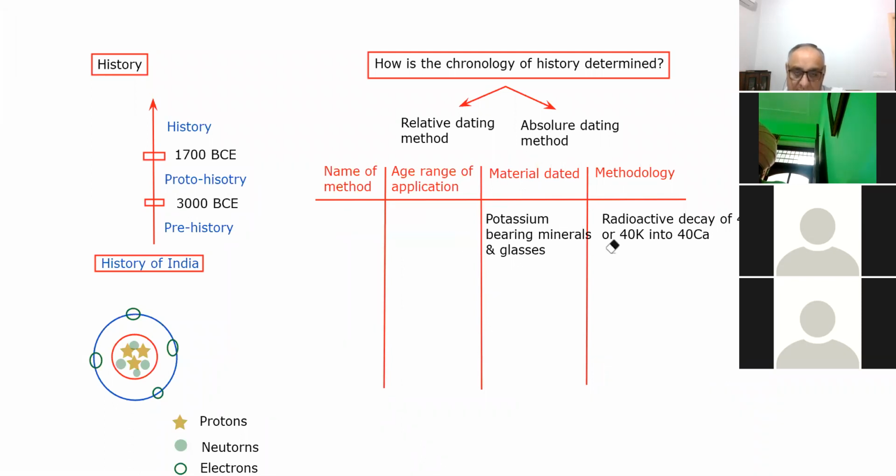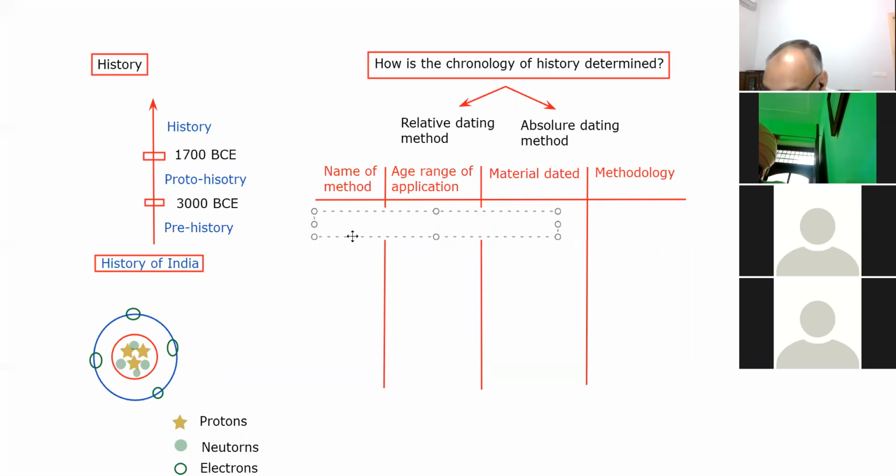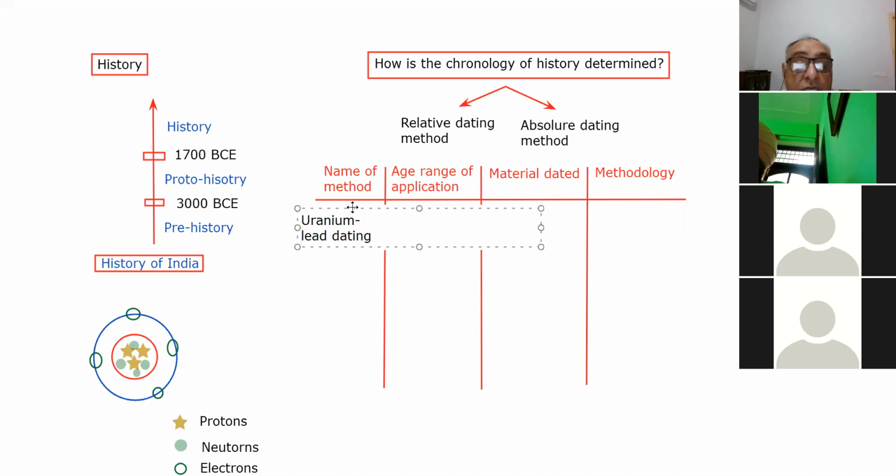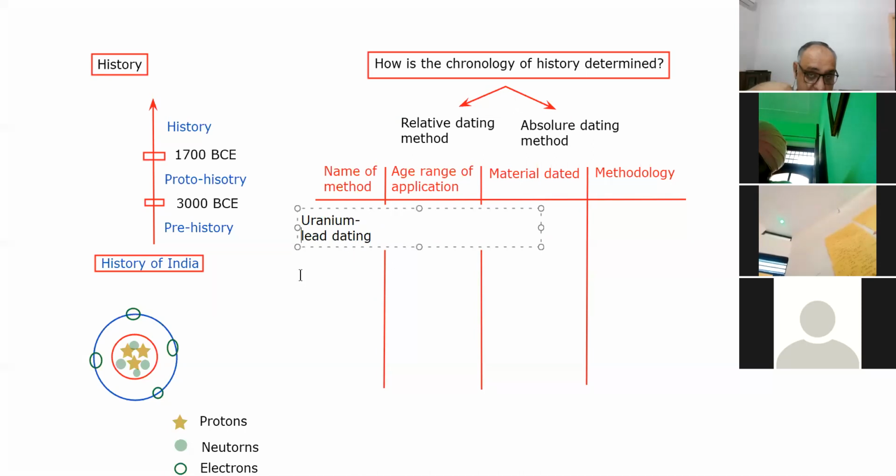So the next, after the KAR method, is the uranium lead dating method. So basically on decay, uranium decays into thorium or into lead.